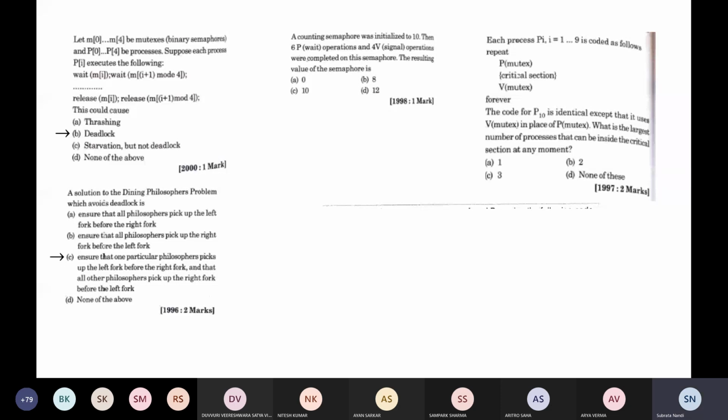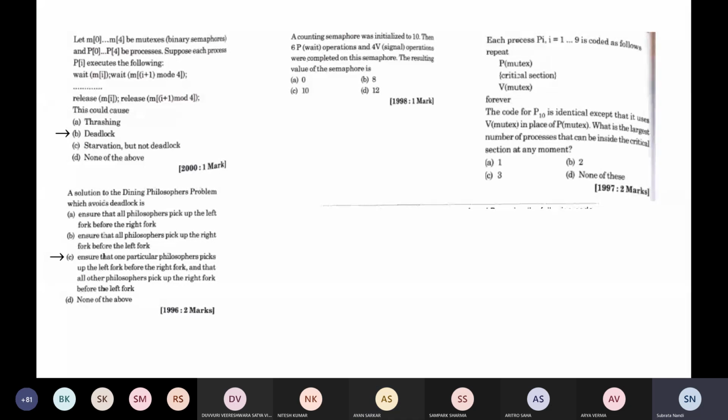So what happens if one of the 10 processes executes a V mutex, what does it mean? Sir, it will increment mutex, so another process can enter. If we execute P10, you consider a simple thing.